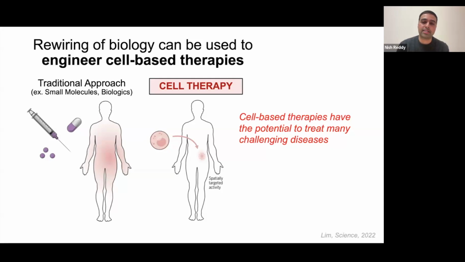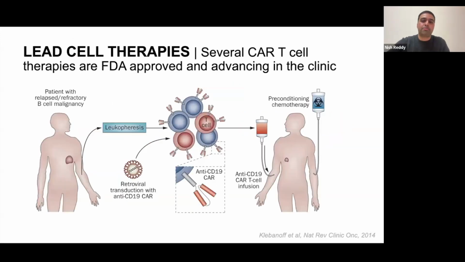Because of this, cell-based therapies have the potential to treat many challenging diseases. For example, in the type 1 diabetes context, being able to protect a transplant from rejection or protect islets from immune attack.